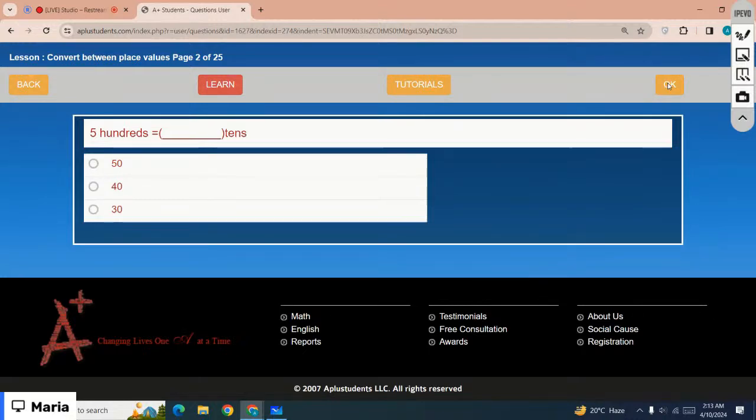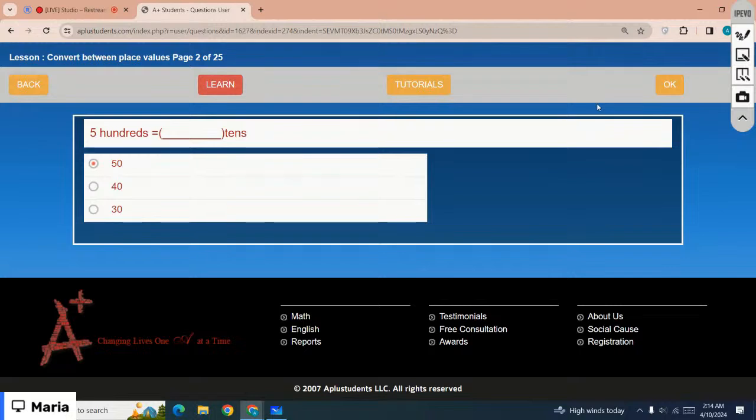500 equal how many tens? The correct option is 50 tens.